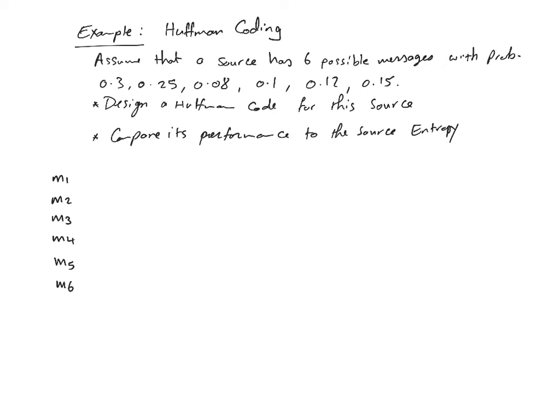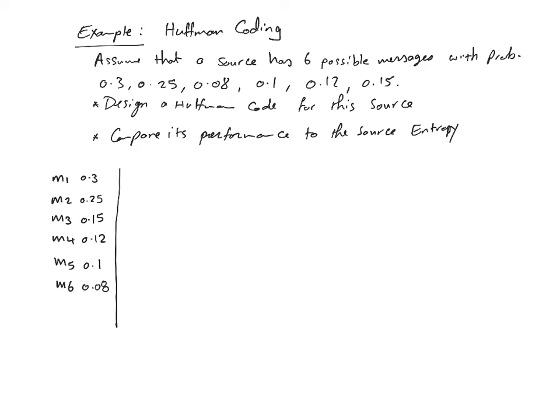We have 6 messages, right? The probability of the first one should be the highest, which is 0.3. The second should be 0.25. The third should be 0.15. And then 0.12, and then 0.1. Last is 0.08, right?